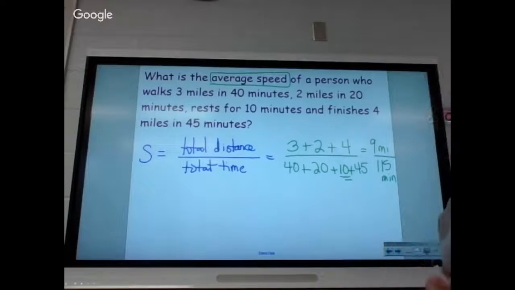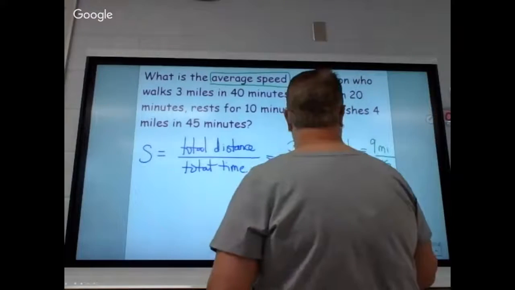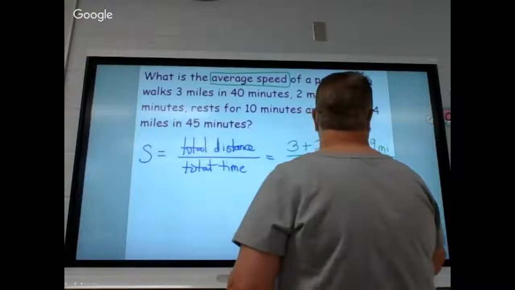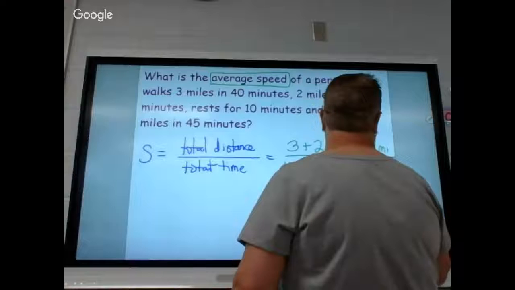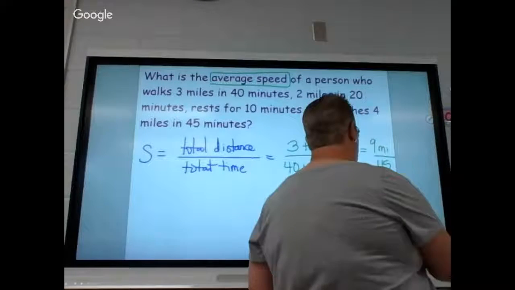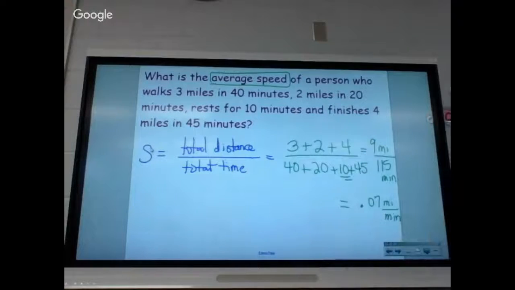So, what's 9 divided by 115? It's going to be a really tiny number. 0.07. 0.07 miles per minute. Okay, so we don't do very many miles per minute when we're walking, particularly at that pace.